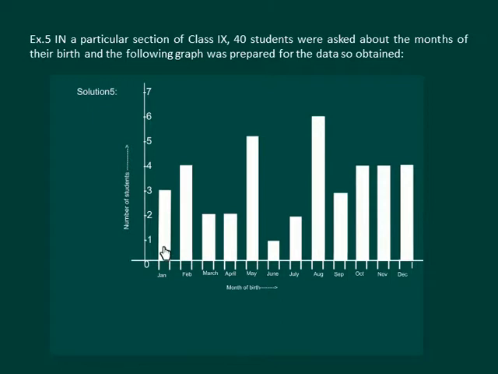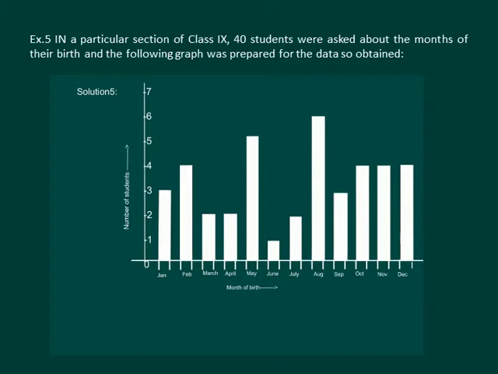The height of the bar depicts the value of the variable, that is, the number of students who were born in January is 3. The number of students born in February in that particular section of class 9th is 4, and so on.